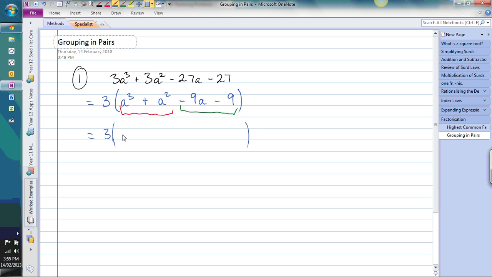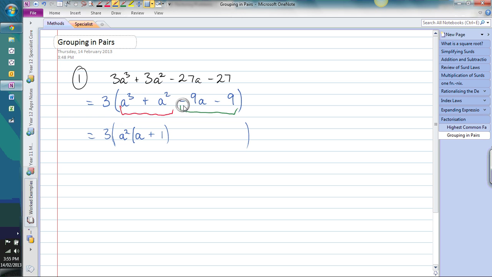Hopefully you can see that that's going to be a squared, and when I factorize a squared out of a cubed, I'm going to have an a left over. A squared divided by a squared is just 1. So this first half of the problem factorizes to a squared outside of a plus 1.